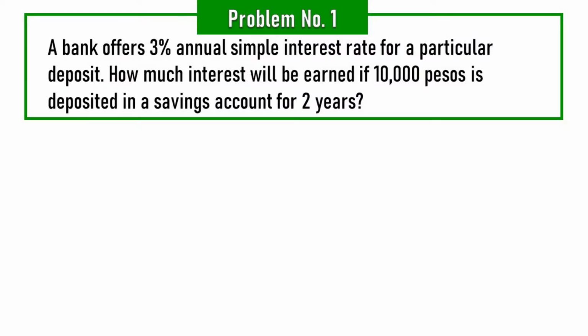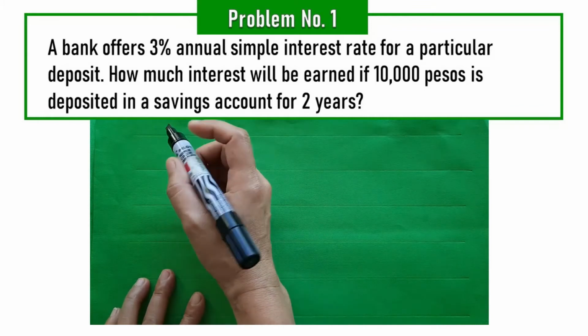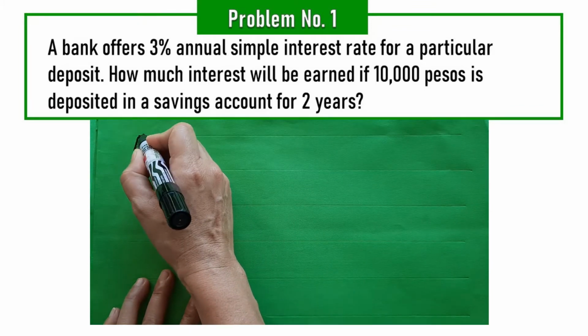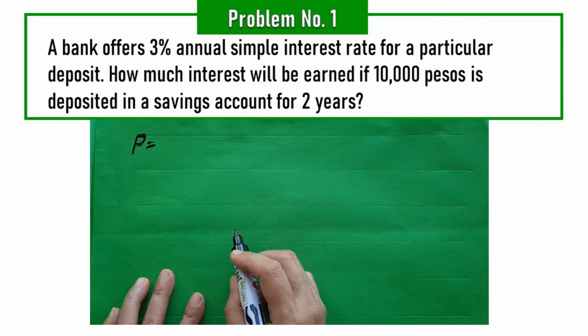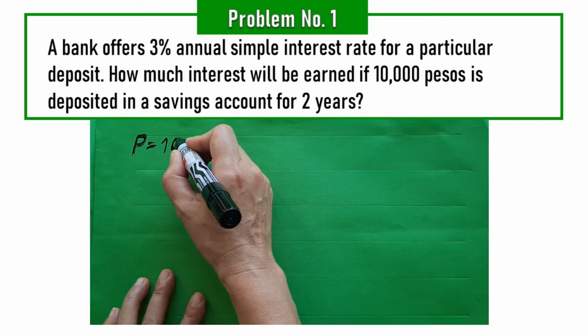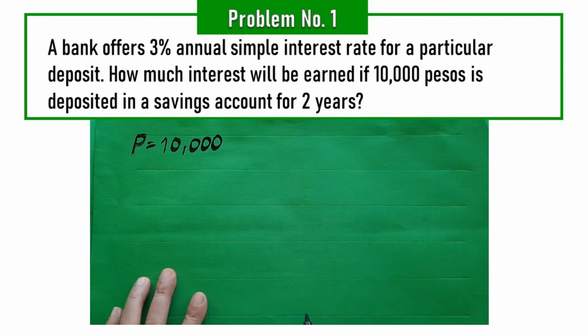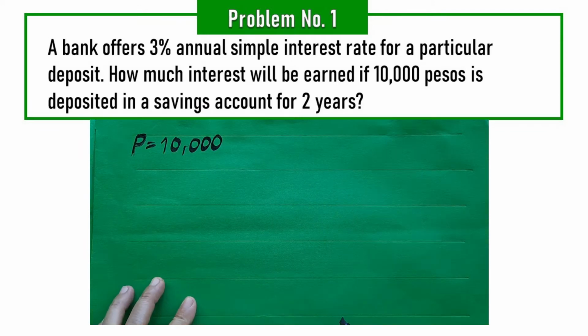A bank offers 3% annual simple interest rate for a particular deposit. How much interest will be earned if 10,000 pesos is deposited in the savings account for 2 years? So, ilista muna natin lahat ng given information. So we know that for P, we have 10,000 pesos.